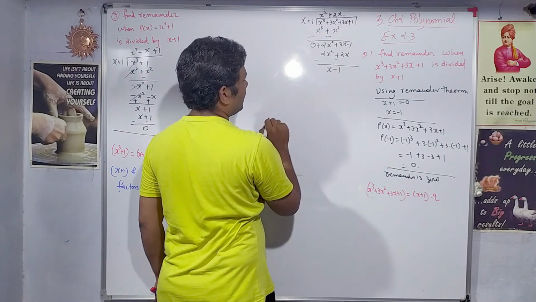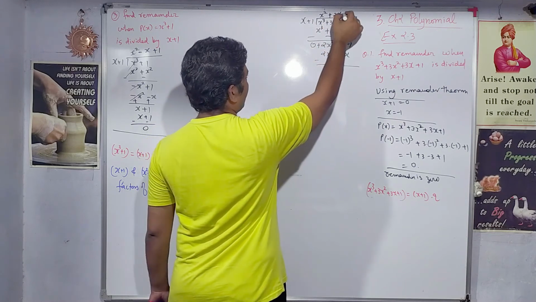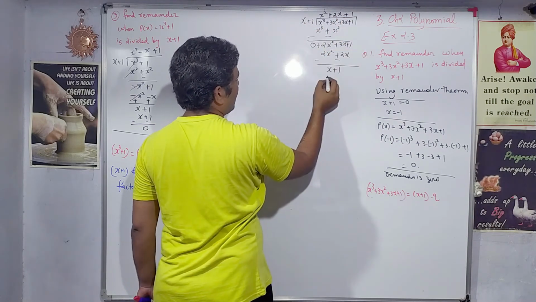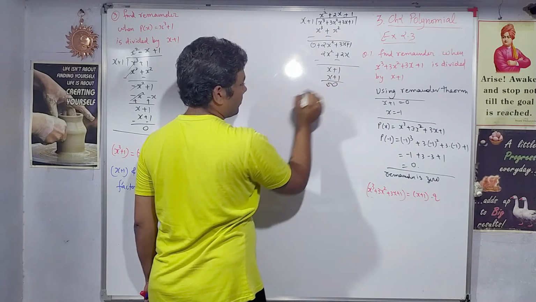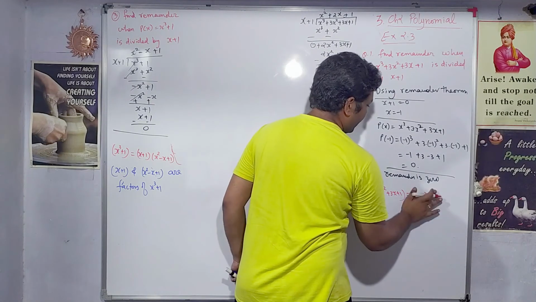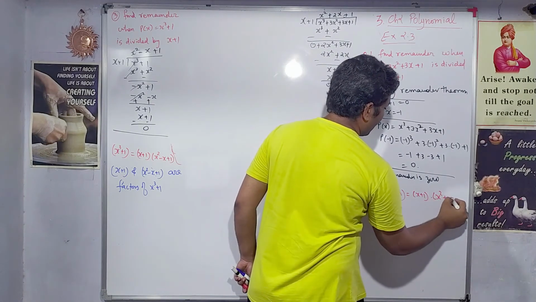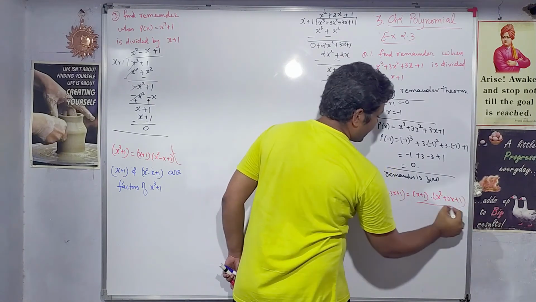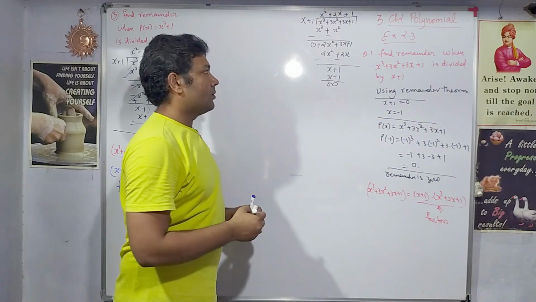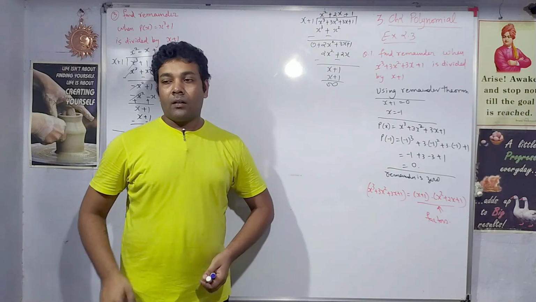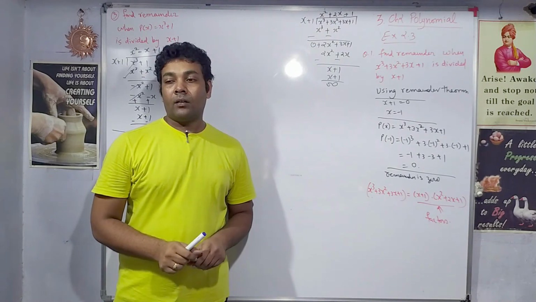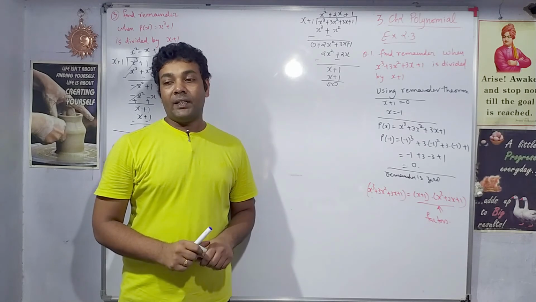Now we will multiply with 1, so x plus 1, and the remainder is 0. So now you can place in that position x square plus 2x plus 1, and these are nothing but the factors of this polynomial, right?